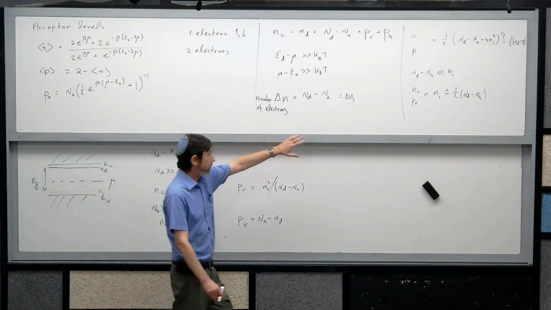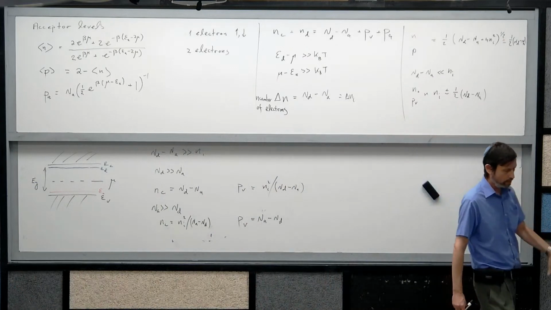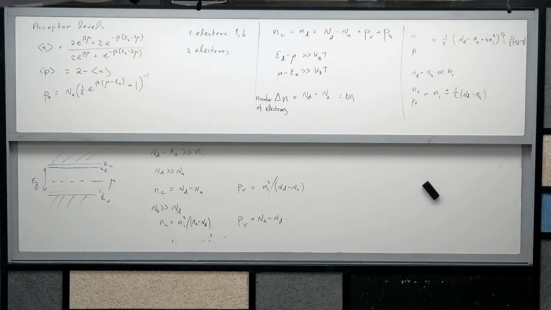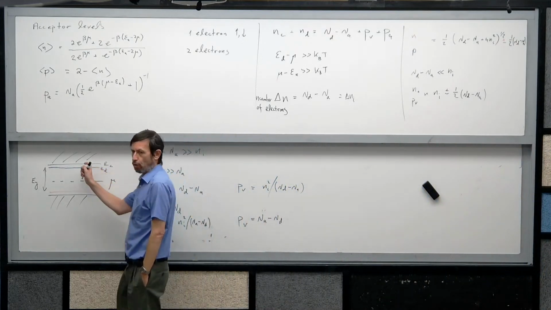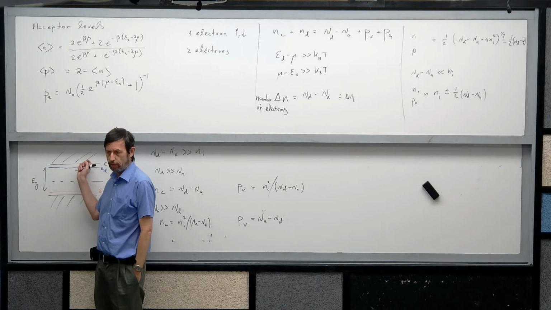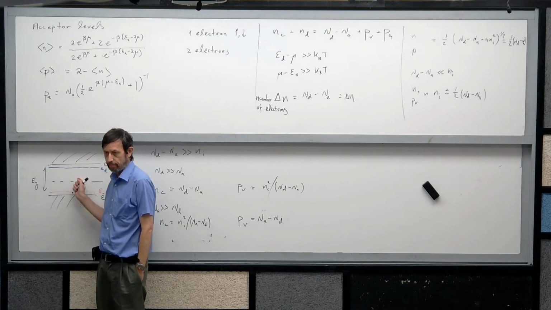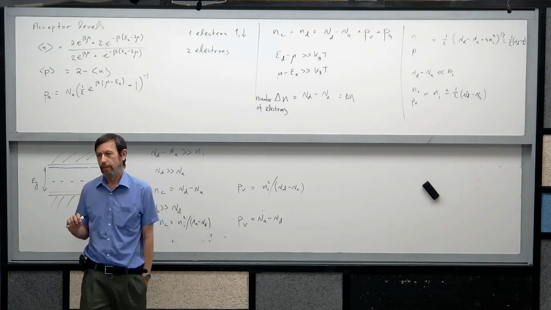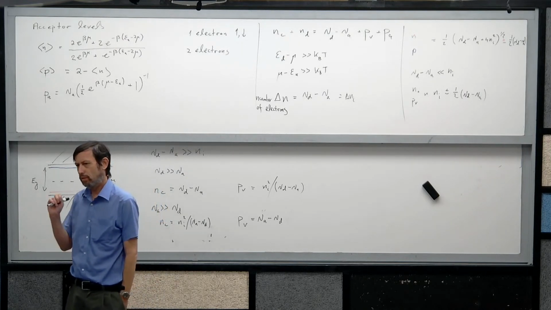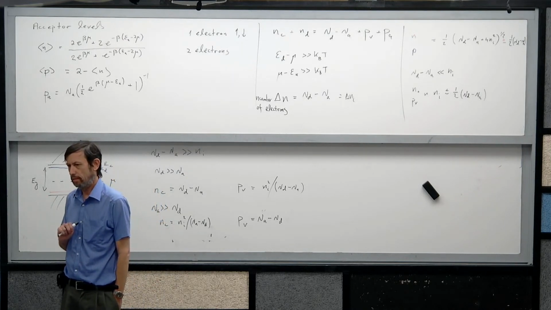This is just a result of what we have written here, but what is the physics? The physics is extremely simple. If I have much more donors than acceptors, from where will the additional electrons come to the conductance band?